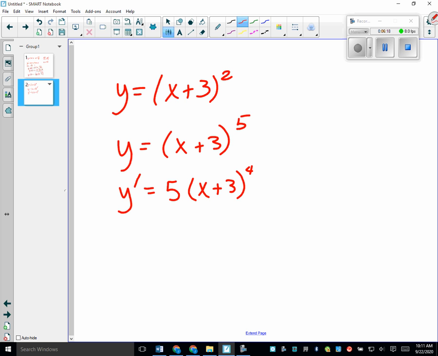Then you eat the inside, right? Once I take the derivative of the inside, you just flip-flop back and forth. Once I eat the outside of this, then I eat the inside, correct? So I have to take the derivative of the inside.